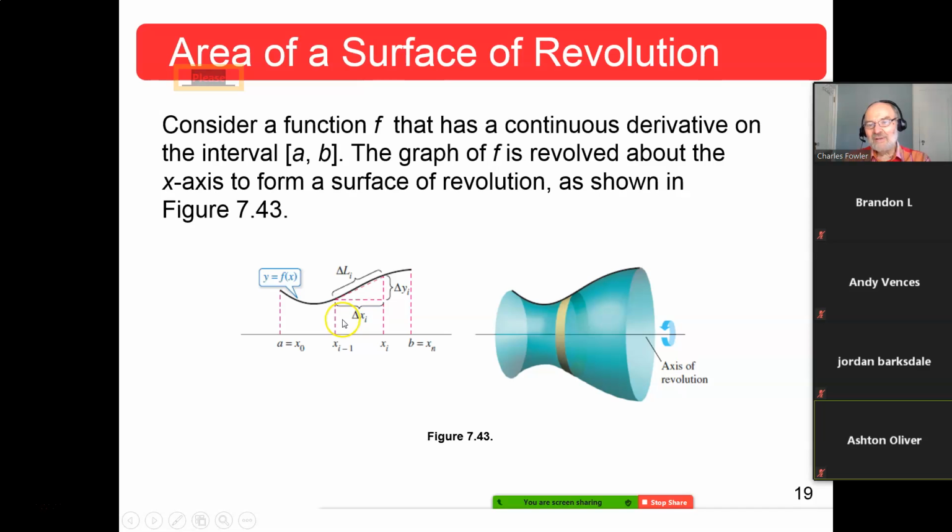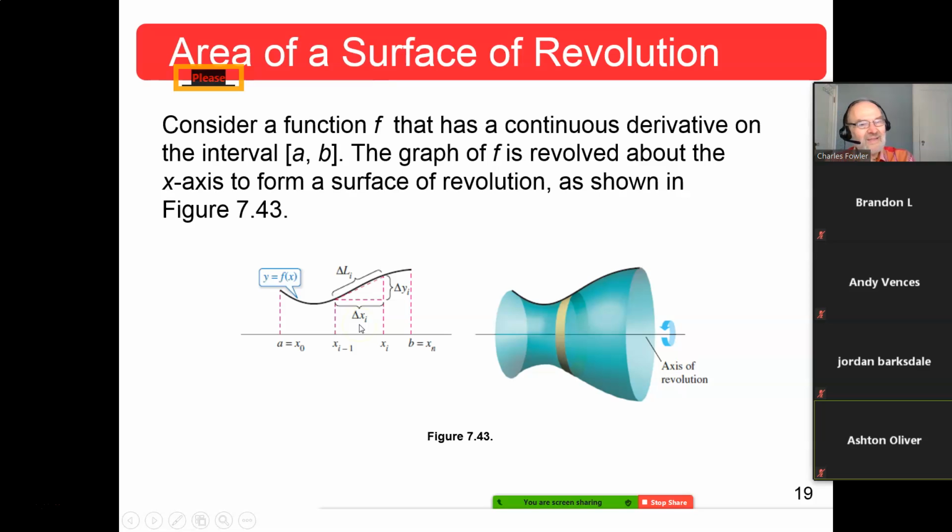Okay, now if you took any interval of that, you approximate that by a frustum of a cone. And here's why it's not going to make any difference what those radii were, because guess what? You're going to let that delta x get smaller and smaller until you only have that f value there as being the radius.